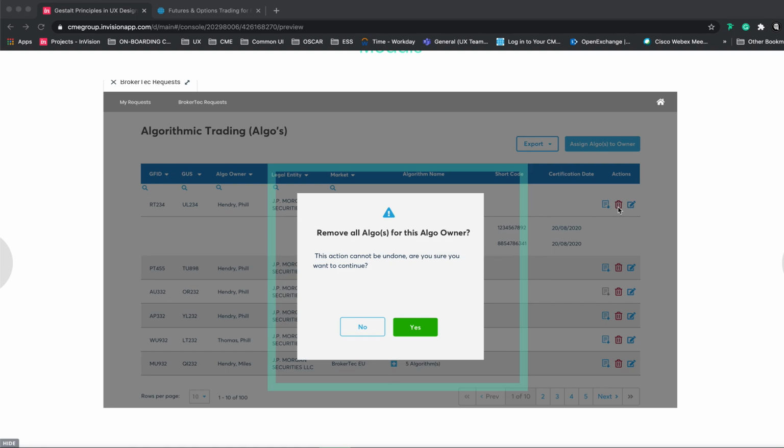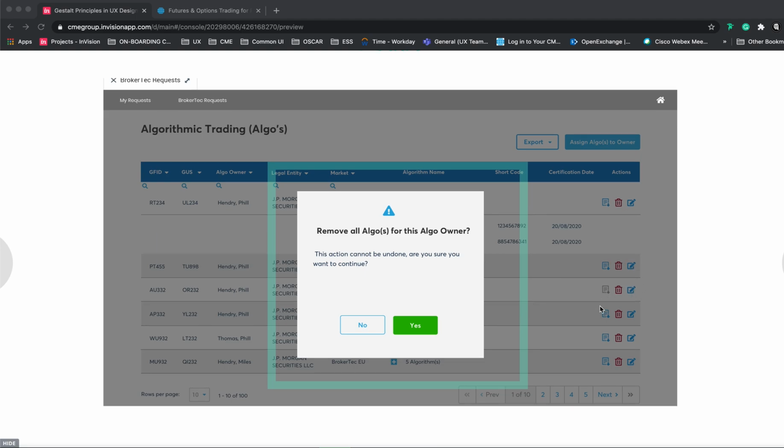So if we click on this delete icon, we would get this modal, and basically what would happen is we use this technique of an overlay. It's a little transparent, so the background becomes less prominent, and so the modal becomes the figure, and the ground is this background.